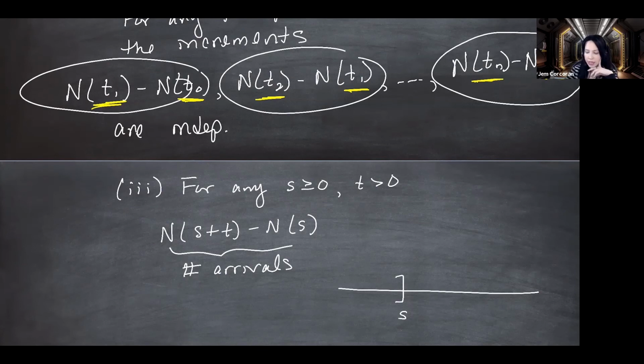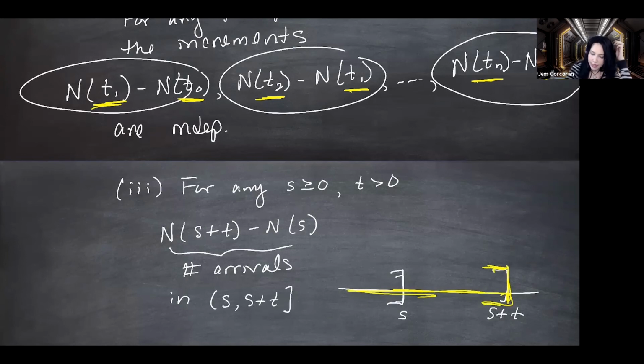And then we want to take the number of arrivals at some later time and subtract off the number of arrivals up to here. So this is going to be the number of arrivals in the interval open S to closed S plus T, because again, it was everything in here down, and then I subtracted everything from S down, including S.